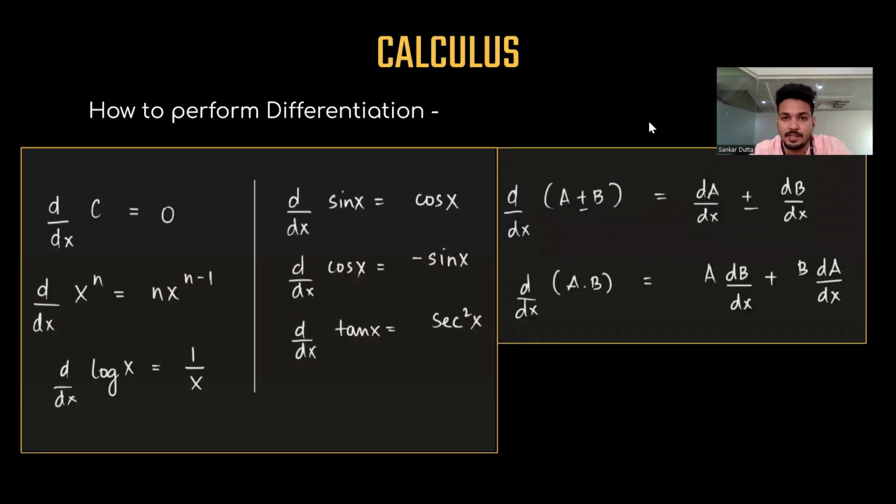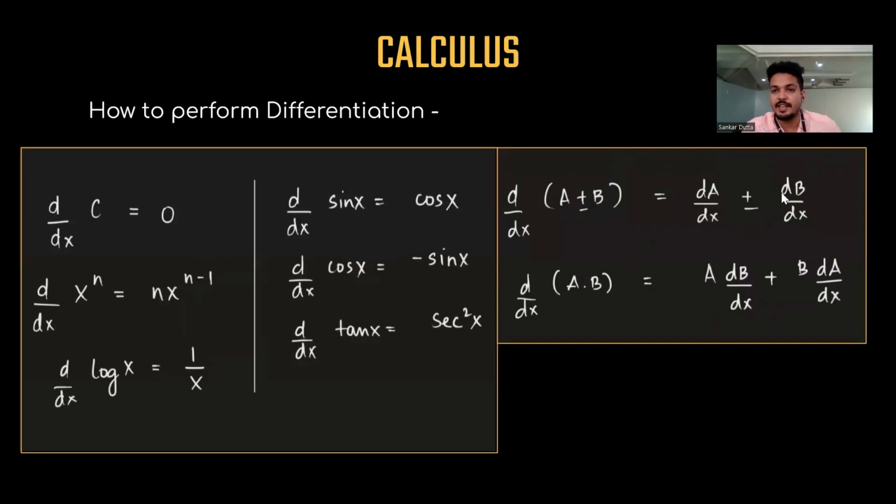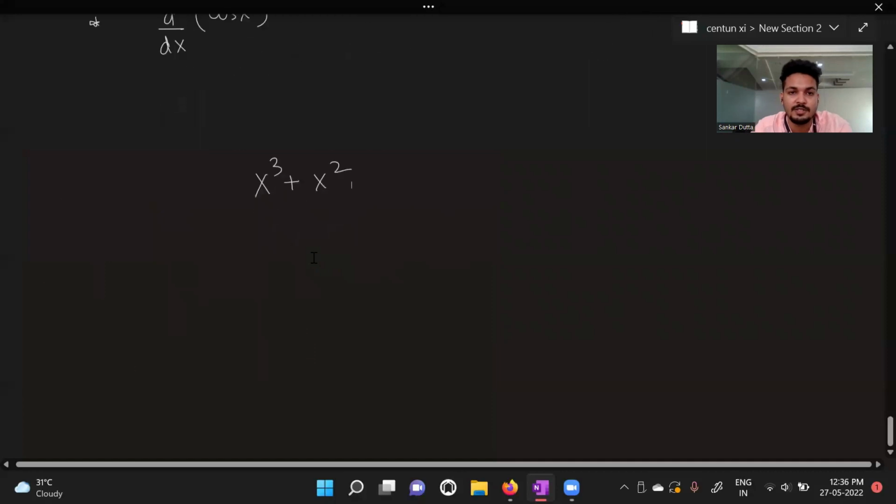first formula here. If you want to differentiate a plus minus b, plus or minus, like this plus minus means you can either have a plus b or a minus b. Then what you can do, you can differentiate the first function and then differentiate the second function and then add them together. So how can I solve this differentiation?